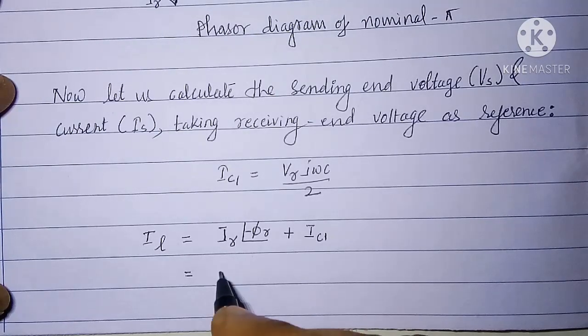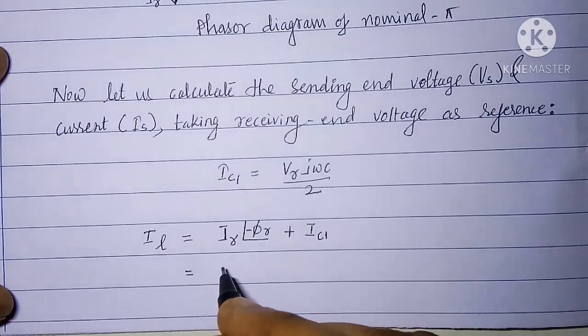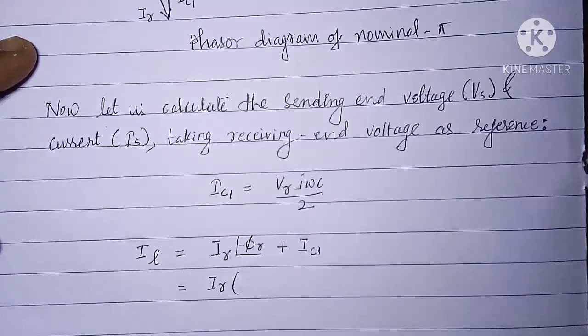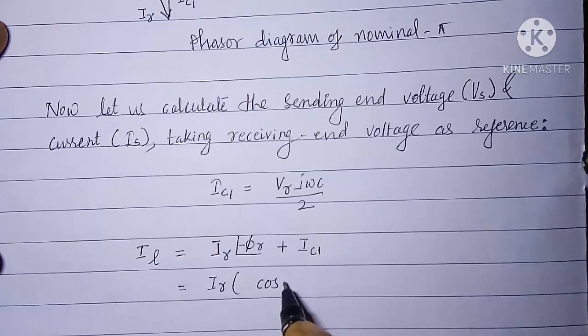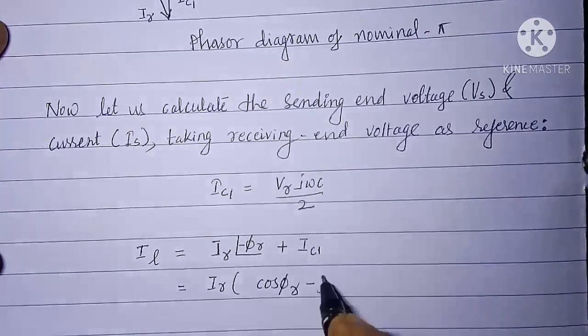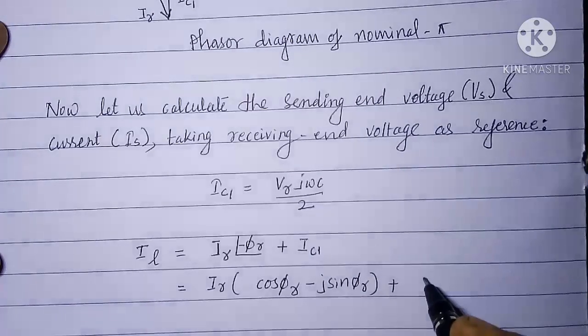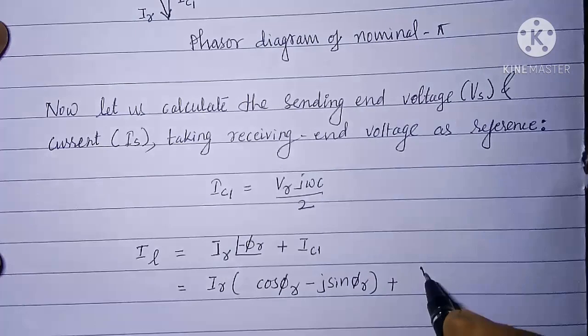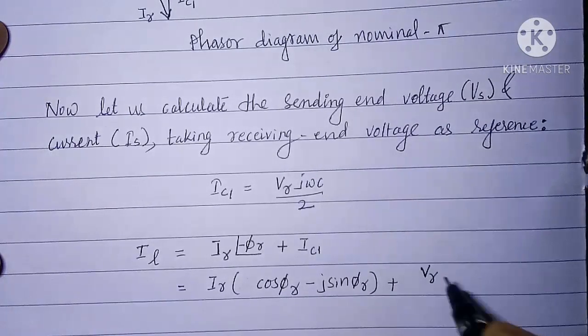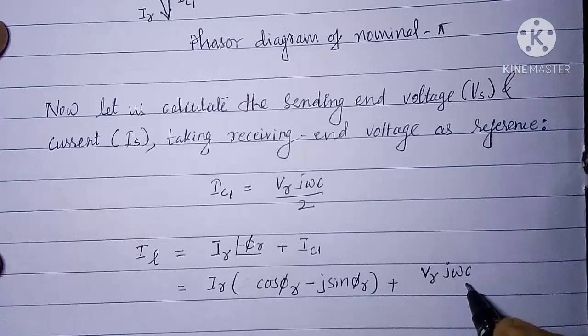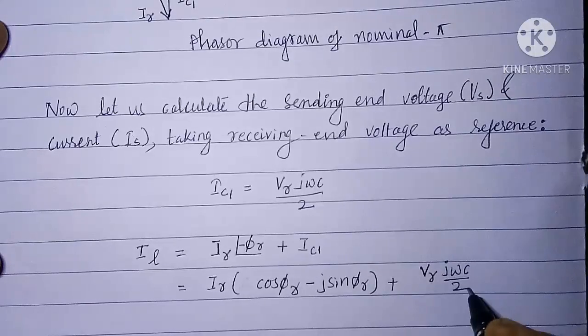Now this IR at an angle of minus phi r may be written as IR into the bracket cos phi r minus j sin phi r, and IC1 is VR into j omega C by 2.